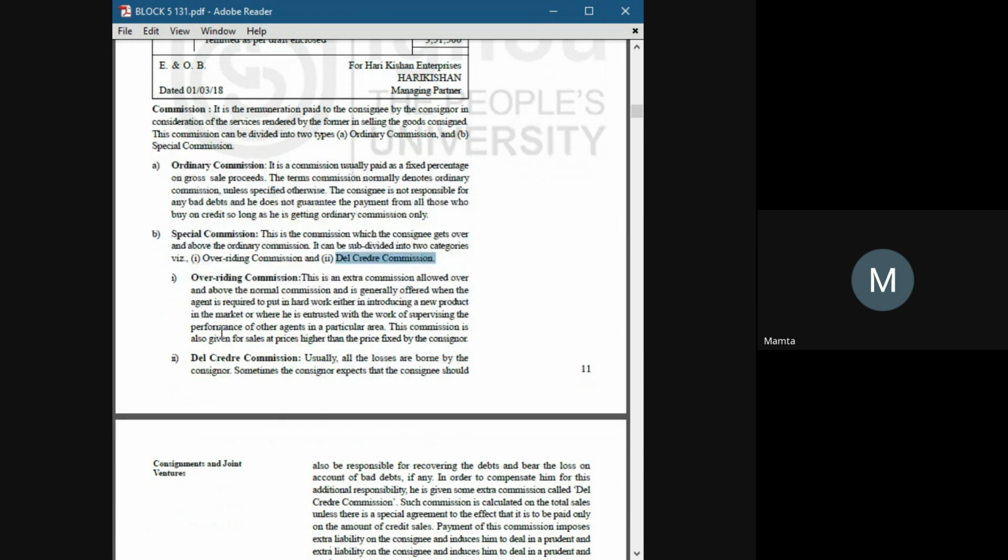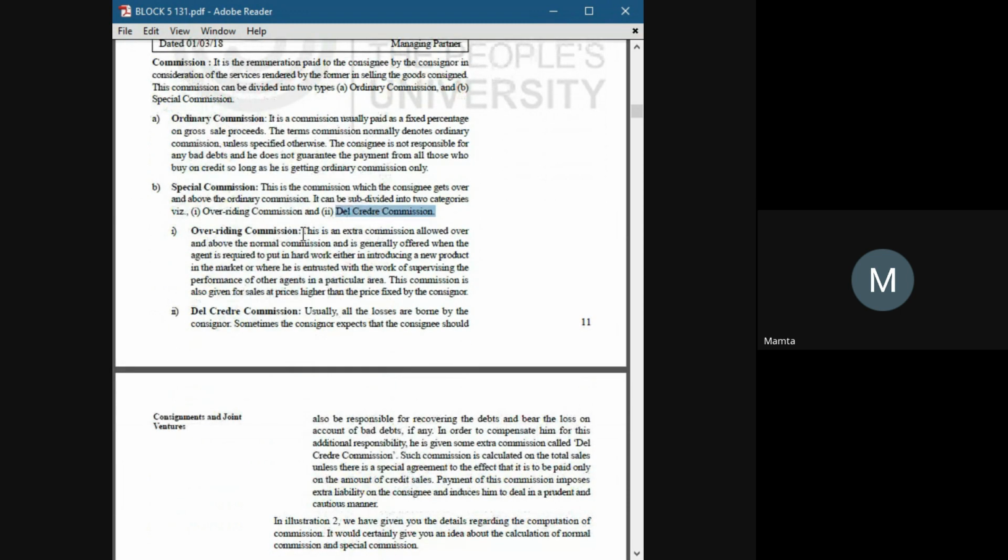What is overriding commission? Let's read it out. This is an extra commission allowed over and above the normal commission, and is generally offered when the agent is required to put in hard work, either in introducing a new product in the market, or where he is entrusted with the work of supervising the performance of other agents in a particular area.